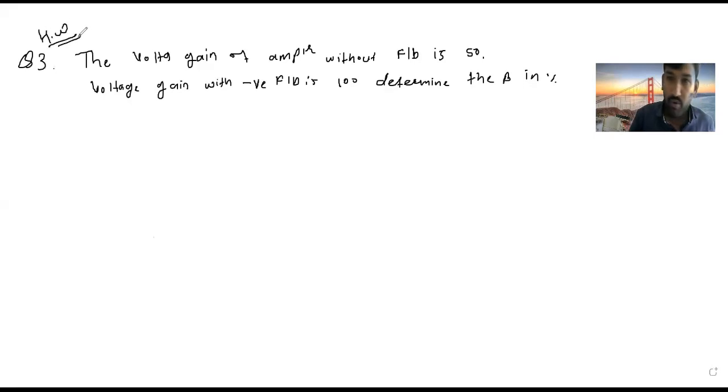Okay, so now the next concept is the feedback amplifier. We move toward the next problem. We have to go for the next concept, the feedback amplifier. Shall I erase this? Yes, sir.